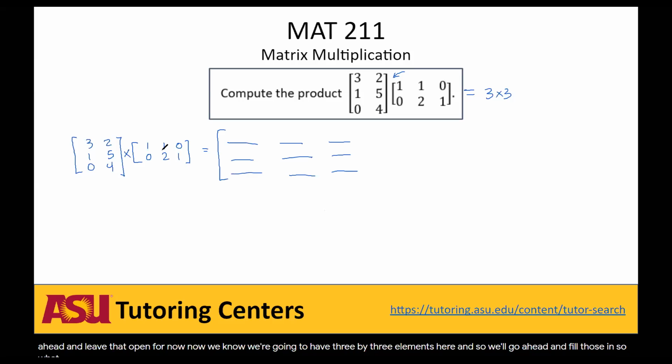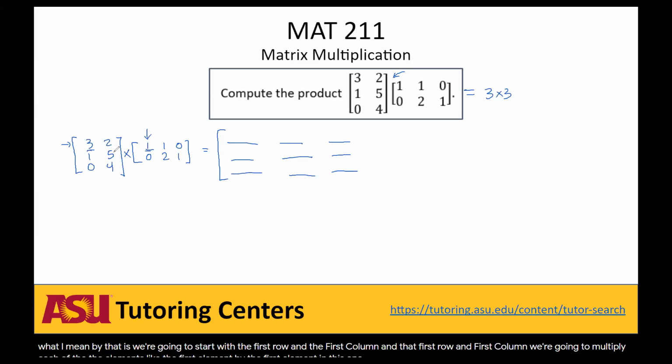What I mean by that is we're going to start with the first row and the first column. We're going to multiply the first element by the first element in the column, and add that to the second element multiplied by the second element in the second matrix.